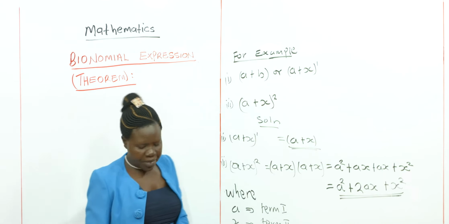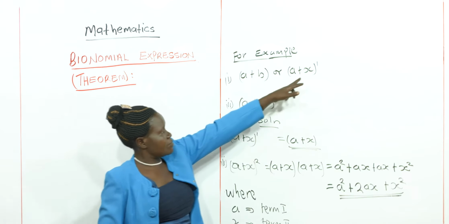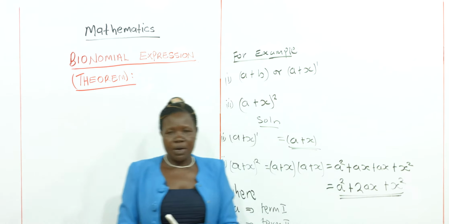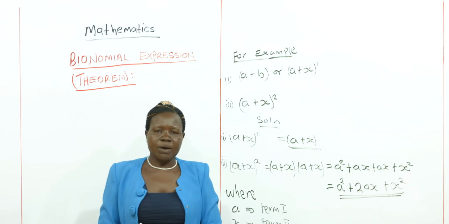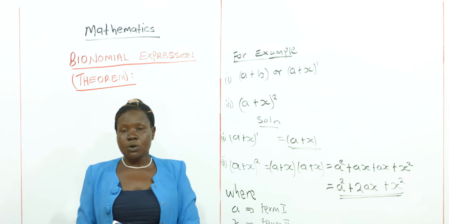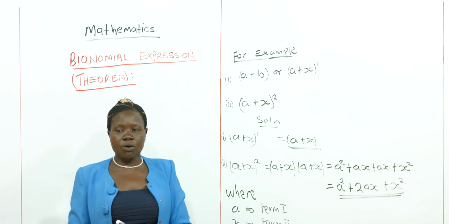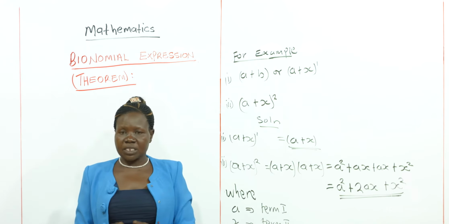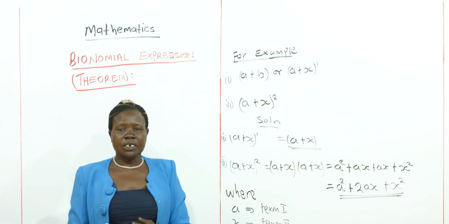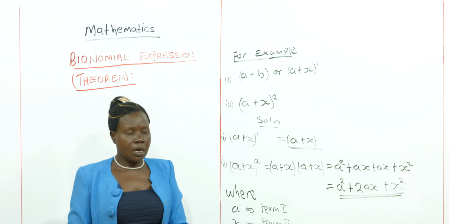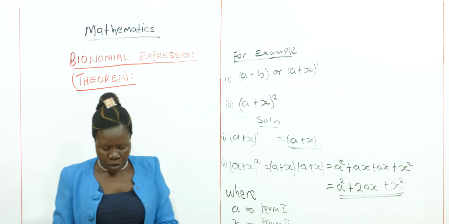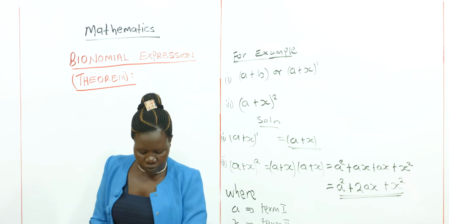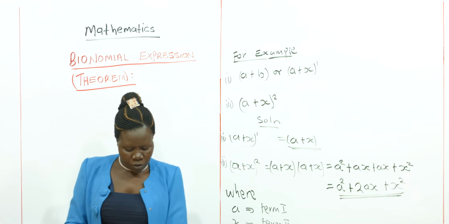For example, here our powers range from 1 up to 2, and we can easily expand and come up with the final answer. What if the power is raised to more than 3, or to a bigger number, for example 9, 5, 6 or 3? How are you going to get your answer in the shortest time? For you to get the answer in the shortest time, we need to look at what we call the Pascal triangle.